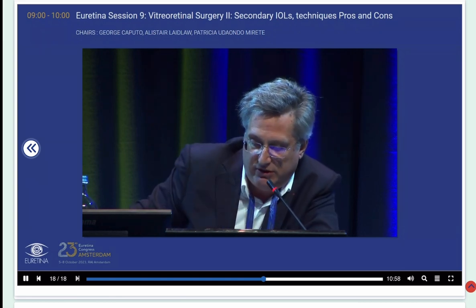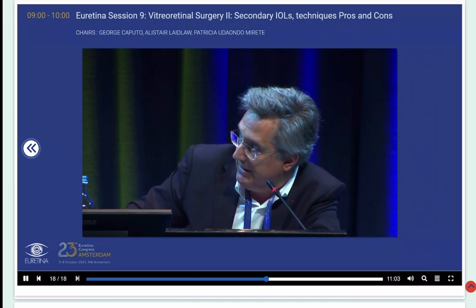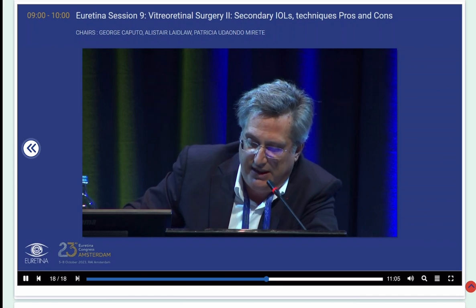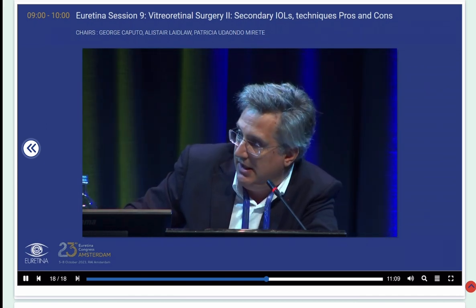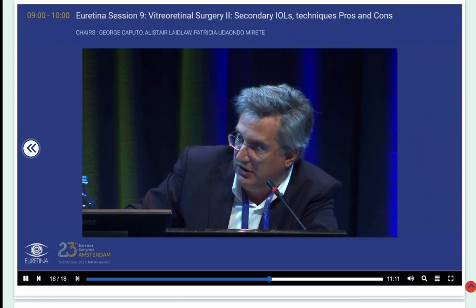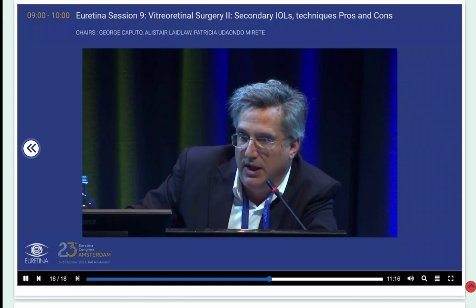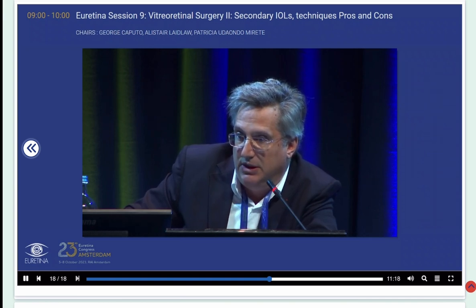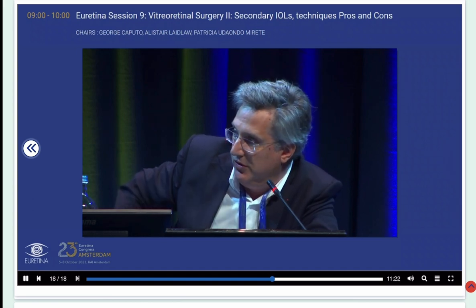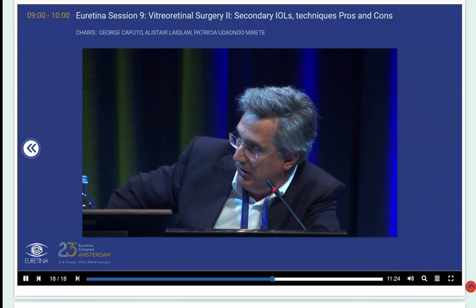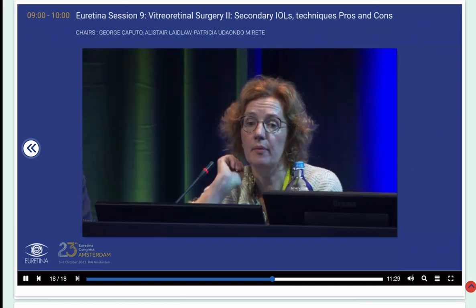I have a question for Louisa. You use only Gore-Tex. Do you feel really comfortable leaving such a thick Gore-Tex thread subconjunctivally? Because Prolene works very well. The only consideration is that with time, the suture will, I mean, I am comfortable with it.